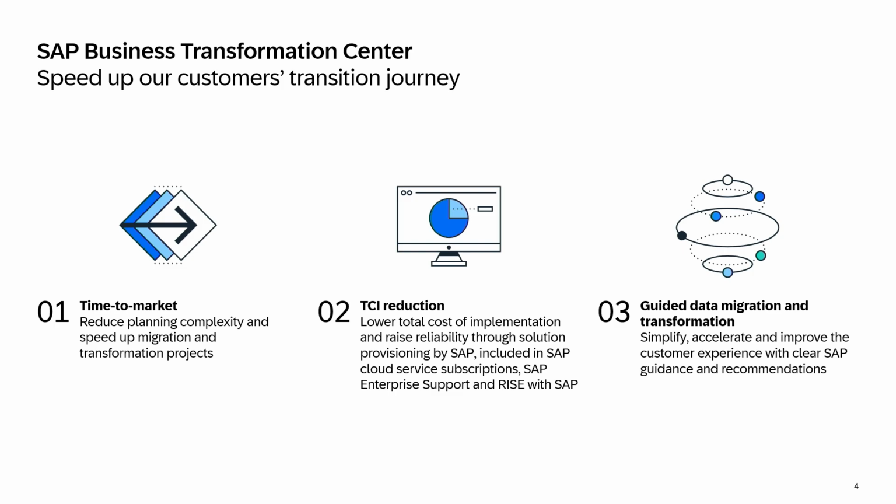So overall, what's the goal now of the SAP Business Transformation Center? We would really like to reduce the complexity and speed up the migration projects with guidance from SAP, and we want to simplify this way to S/4HANA.